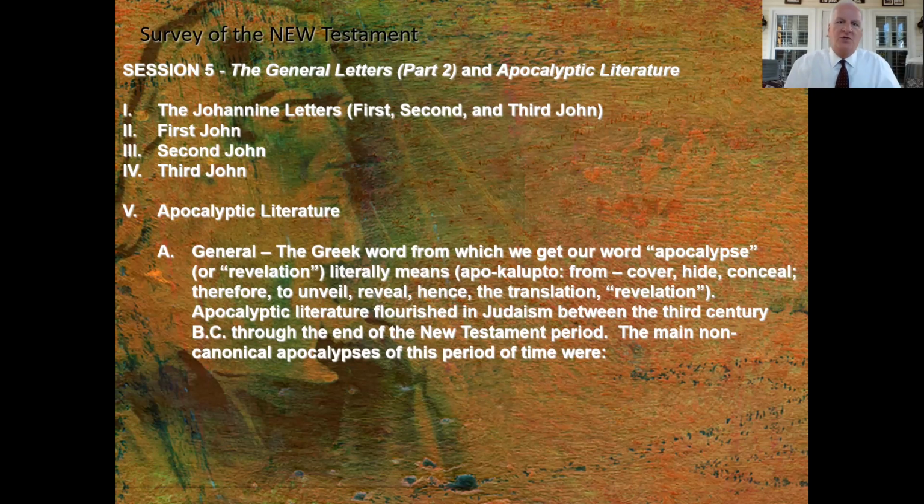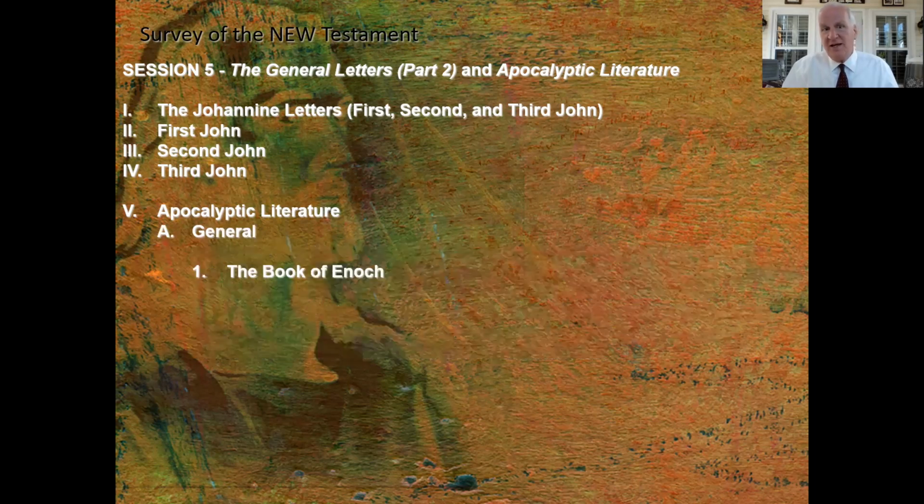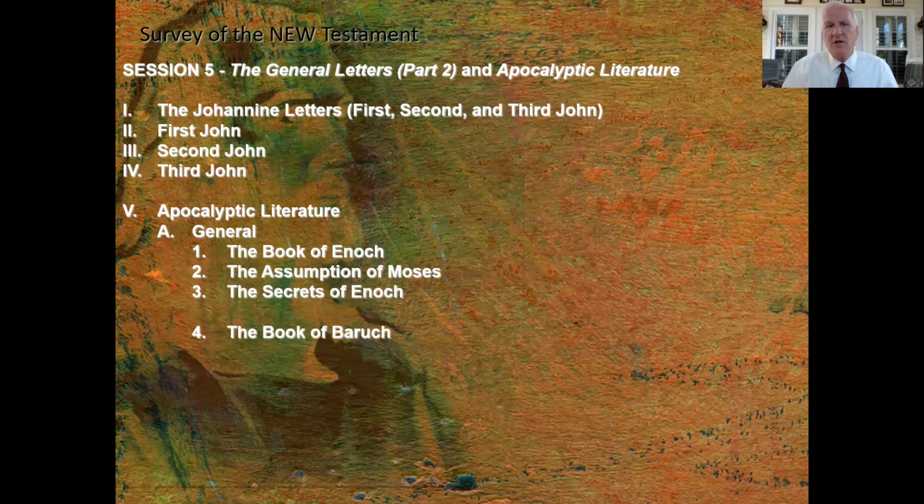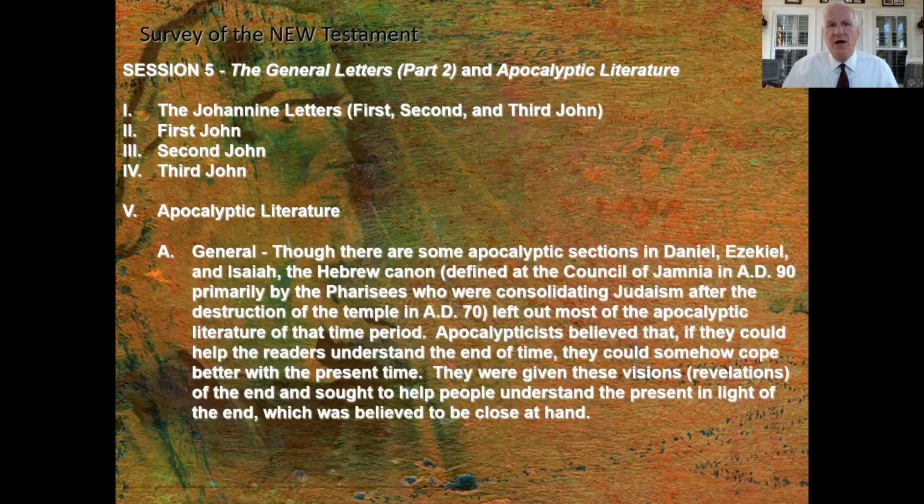So apocalyptic literature flourished in Judaism between the third century BC through the end of the New Testament period. And we have talked some about that when we talked about the book of Daniel in the Old Testament. The main non-canonical apocalypses of this period were the book of Enoch, the Assumption of Moses, the Secrets of Enoch, the book of Baruch, the book of Fourth Ezra.